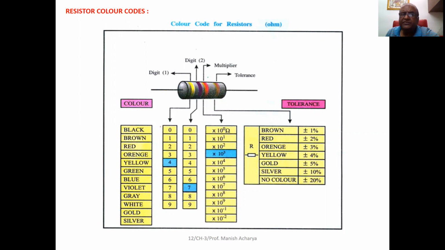The color bands are black, brown, red, orange, yellow, green, blue, violet, gray, white, silver, gold.